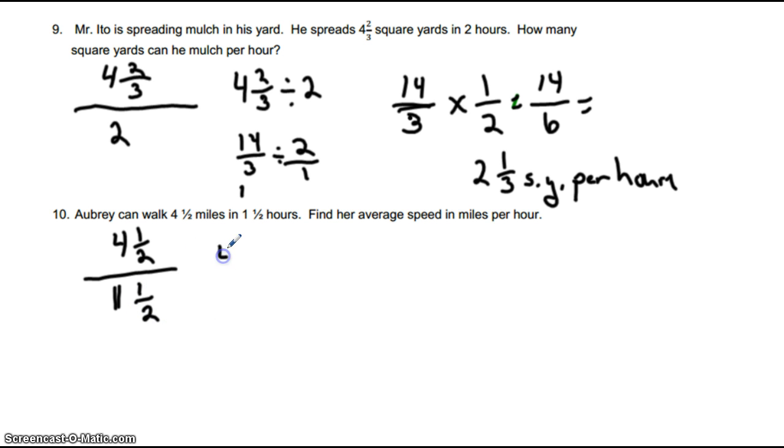We take 4 1/2 and divide it by 1 1/2. We figure out the improper fractions, so this would be 9/2 divided by 3/2. We multiply by the reciprocal.